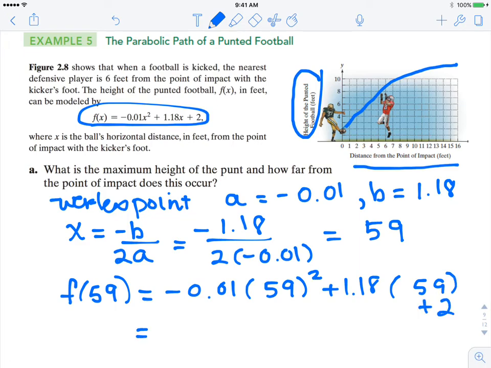Substitute in your calculator and you get 36.81. This will represent our y-axis value.